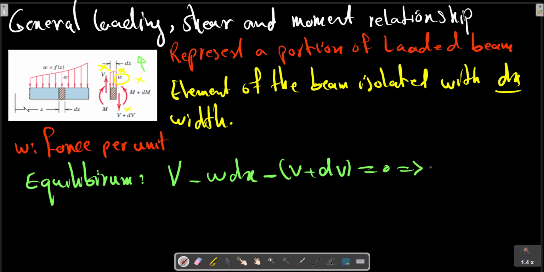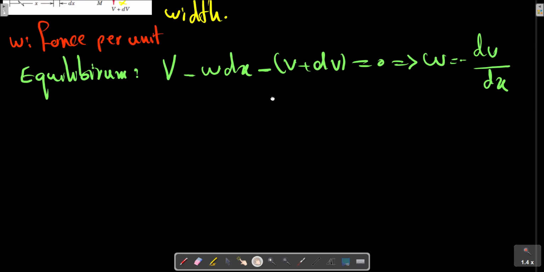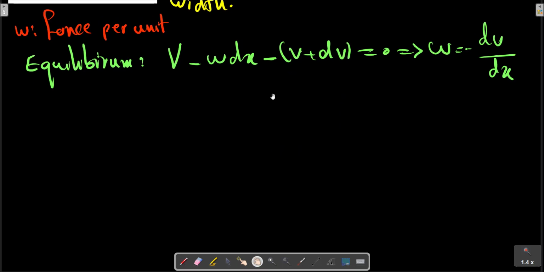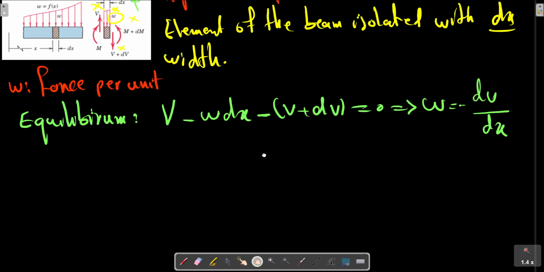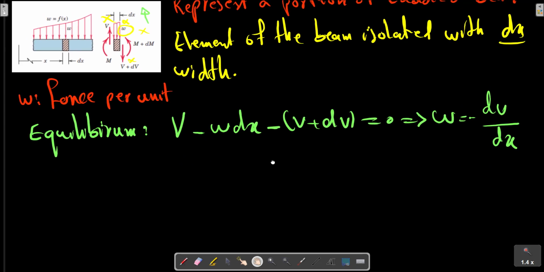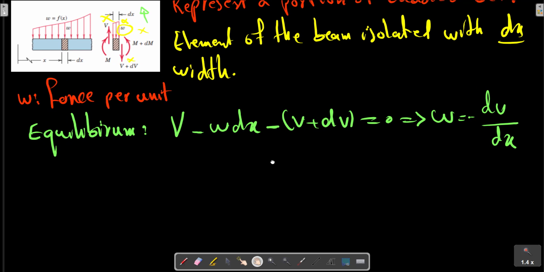Now we can obtain omega equals negative dV over dx. We see from this equation that the slope of the shear diagram must everywhere be equal to the negative of the value of the applied loading.